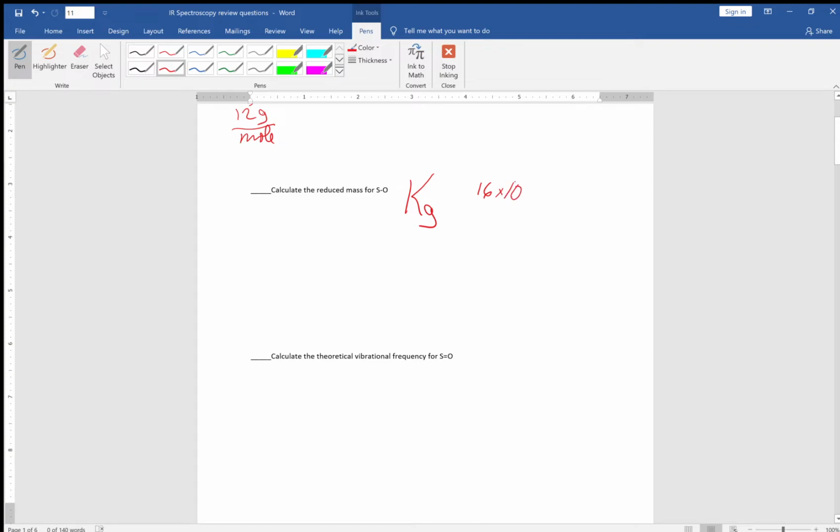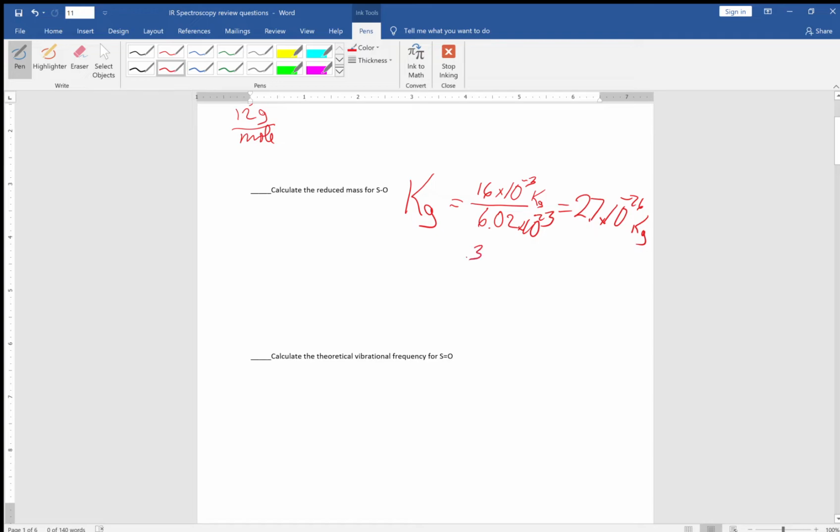As we know, an oxygen weighs approximately 16 grams per mole, so 16 times 10 to the minus third kilograms per mole. There's 6.02 times 10 to the 23rd per mole, which means the mass of oxygen in kilograms is 2.7 times 10 to the minus 26th kilograms.